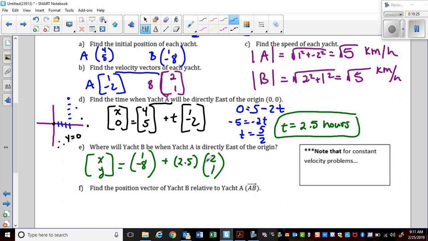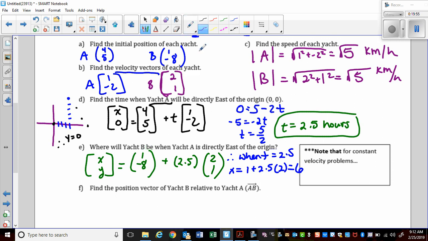This is our direction. So all I have to do is solve. I know that when time is 2.5, x equals 1 plus 2.5 times 2, which is 6.